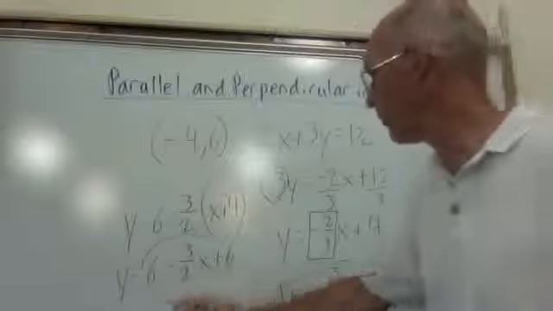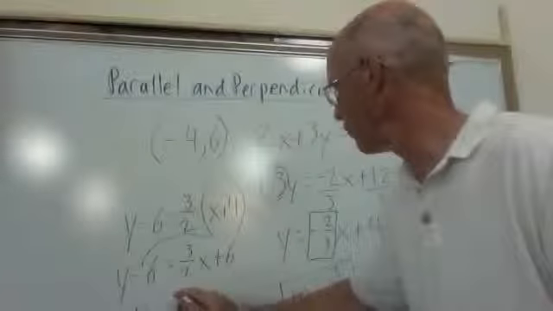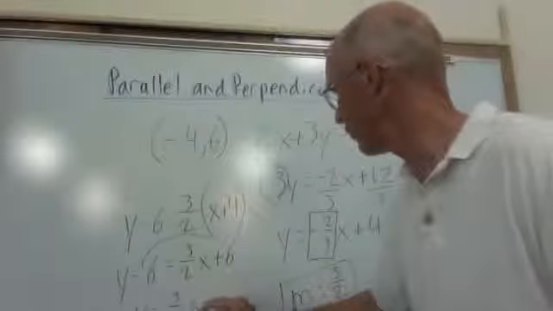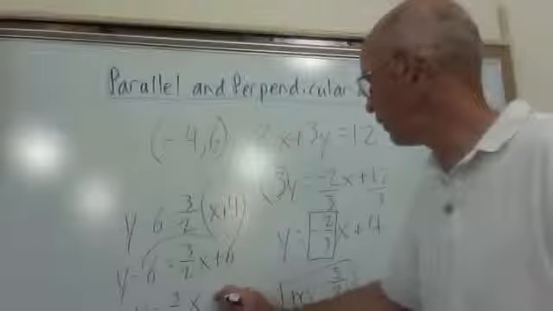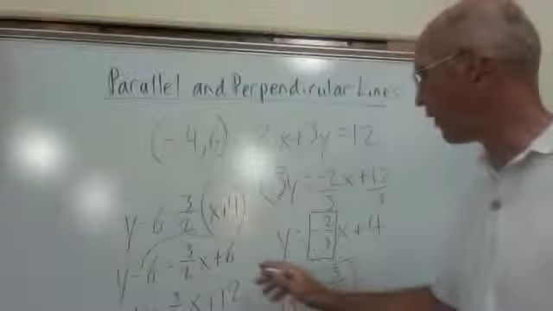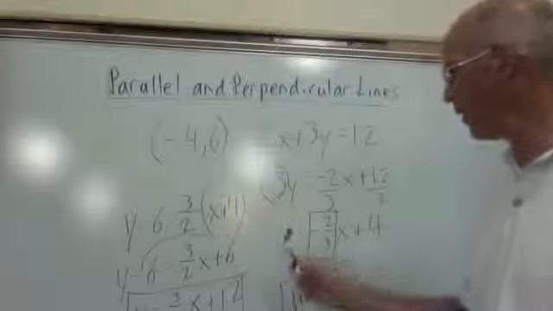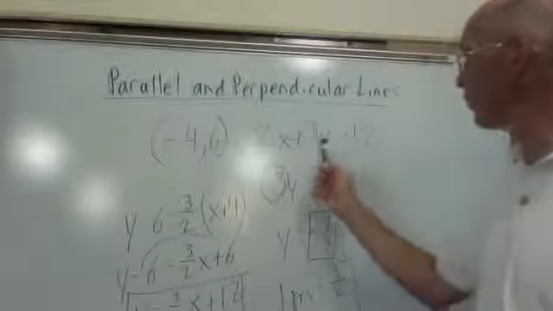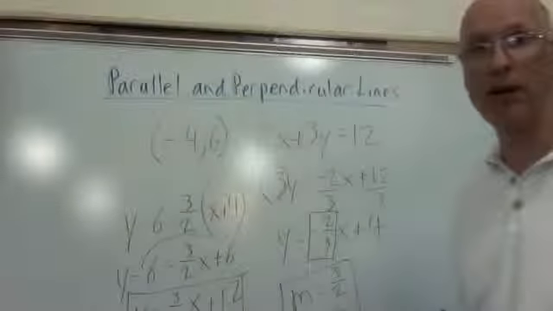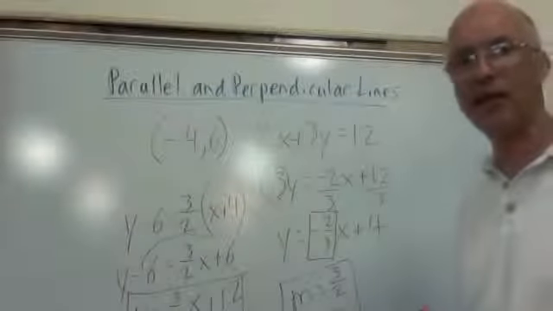Move that 6 over, y equals 3/2 x plus 12, and there I have my new equation for a line that's perpendicular to this one, and it goes through that point. Okay, hope that made sense. See you tomorrow.